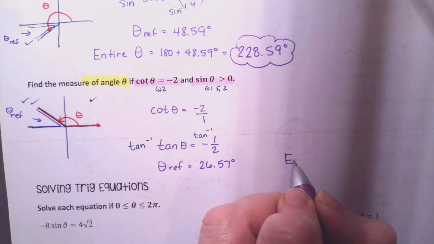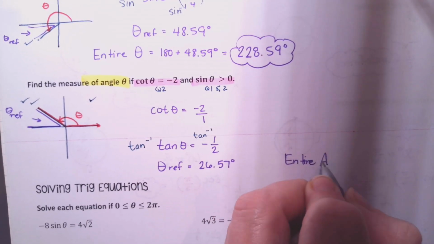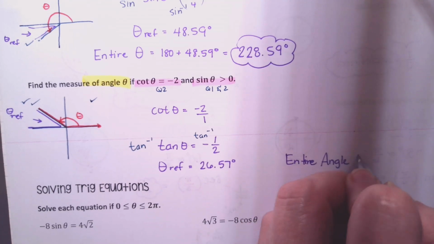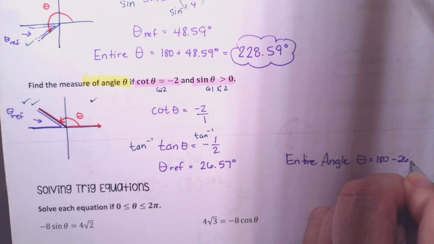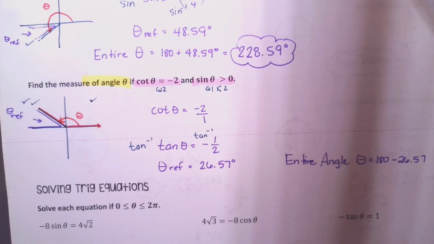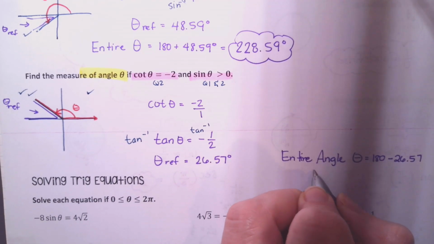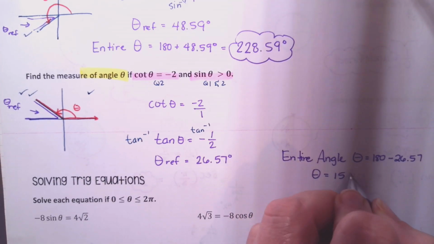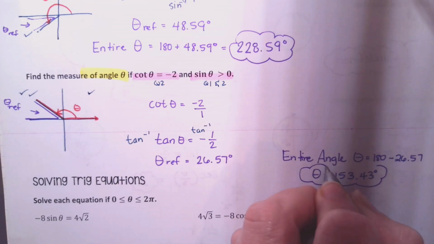So our entire angle is going to be 180 minus the 26.57. And 180 minus 26.57 is 153.43. Ta-da!